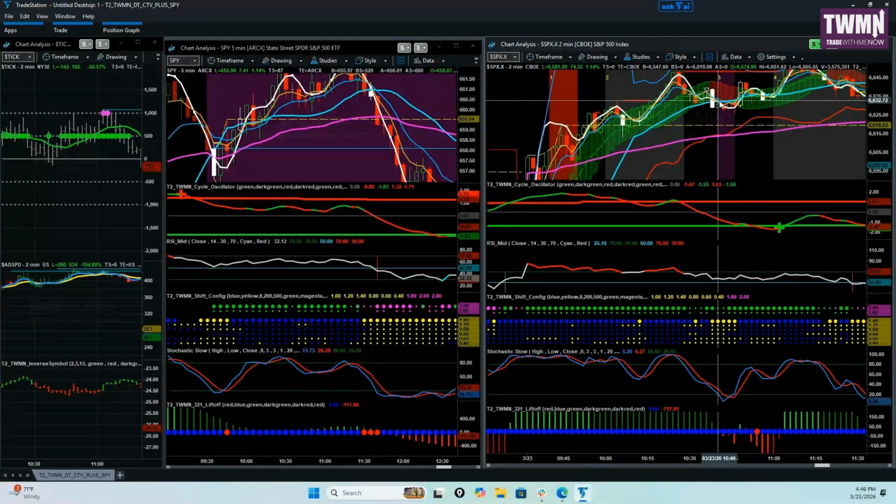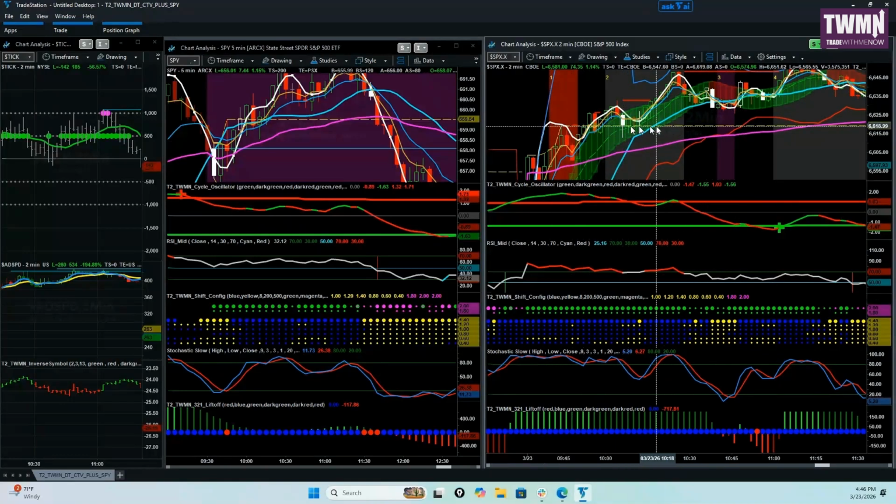We get a little pullback here, and we go from a green energy band to a red energy band. So that tells us that this is more of a sell move right here. But then it kind of flattens out, and then we hold this level. We don't fall apart. We don't come back down and test this level where we got the opening range.